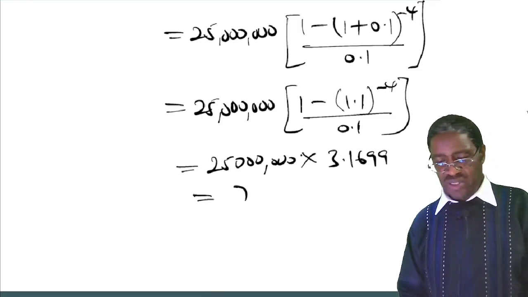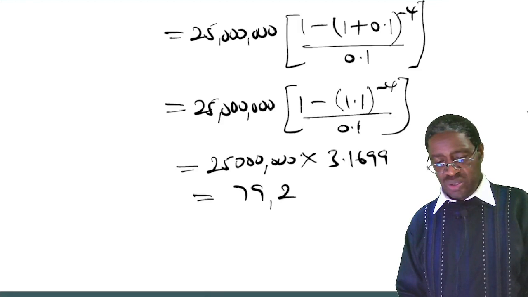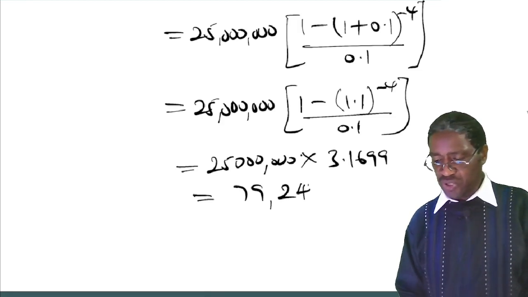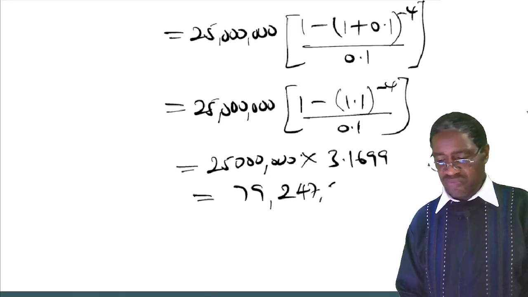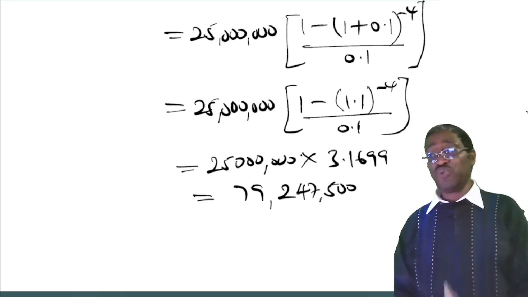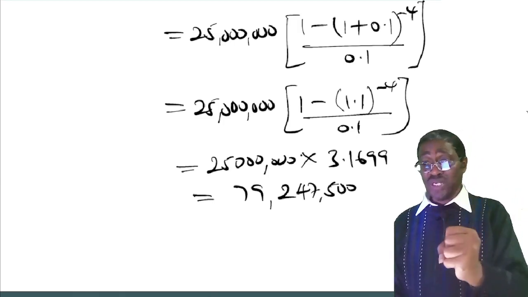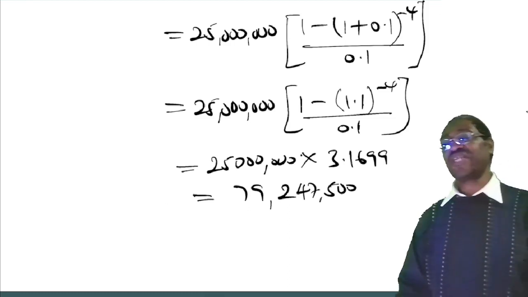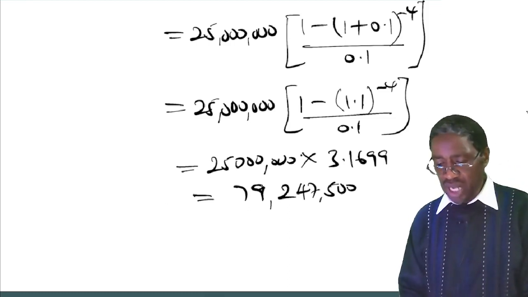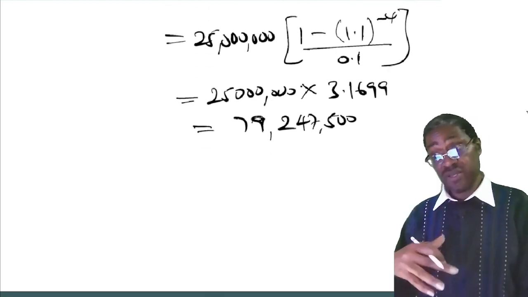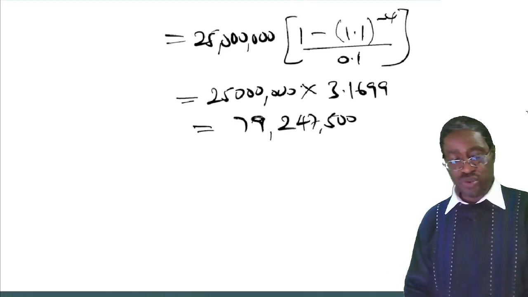I'm going to get 79 million. So if you wait to be receiving 25, 25, 25, 25, then it's like you're cumulatively getting a purchasing power equivalent to 79 million today. Are you getting that? That's option 1.